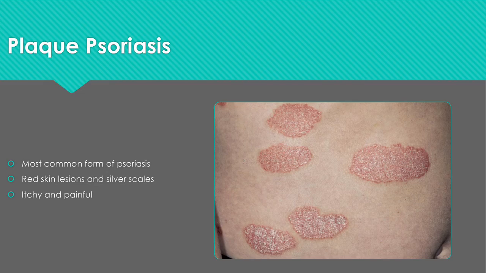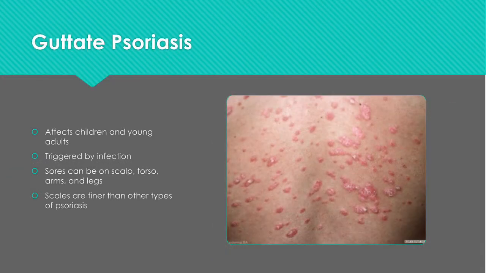So moving on to the different kinds of psoriasis, the first one is plaque psoriasis. This is the most common form. As you can see in the picture, it forms red skin lesions and silvery scales, and this is itchy and painful. The next kind is guttate psoriasis.